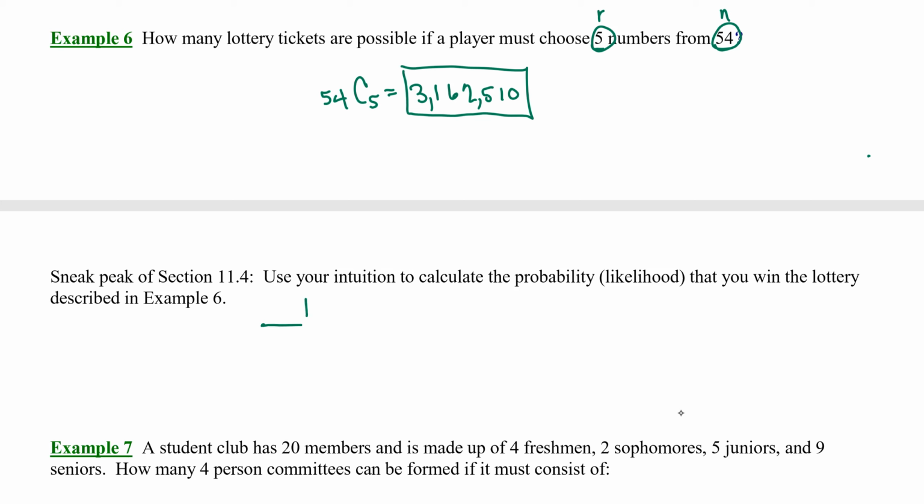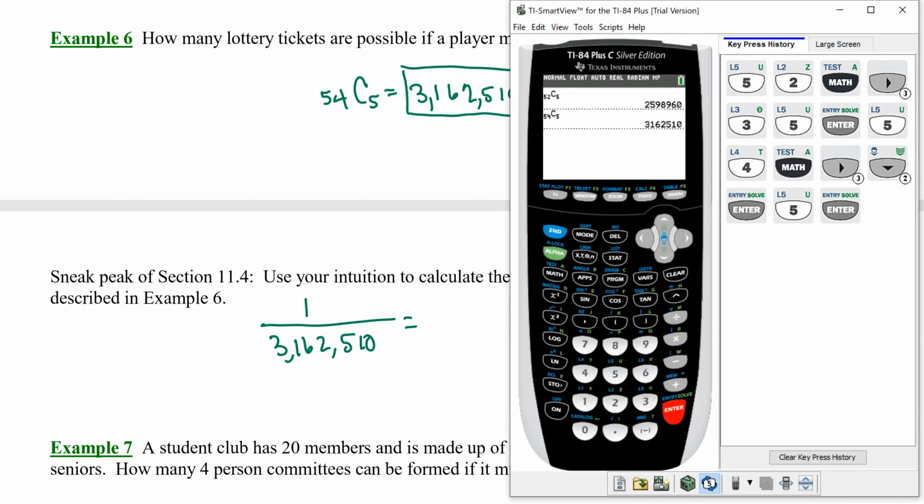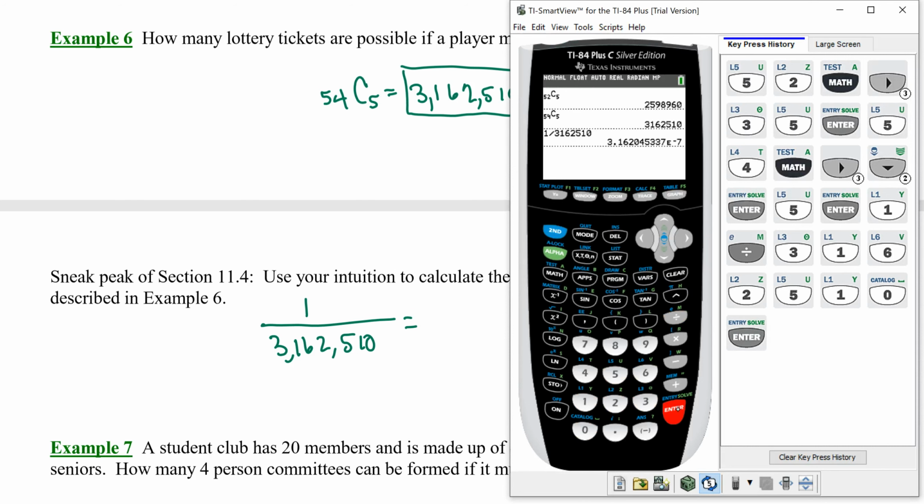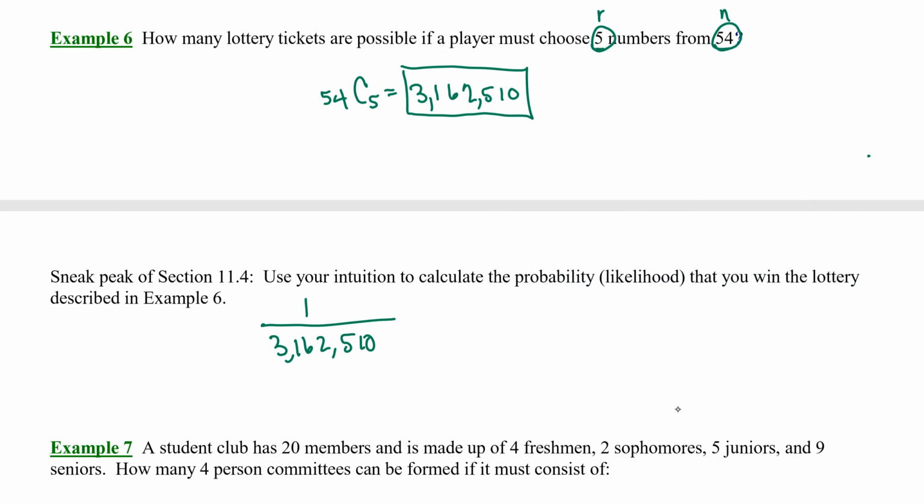So 1 out of 3,162,510 possibilities. So if we turn this into a decimal, we get a very small number. Notice the scientific notation there. I'm just going to approximate this, 3.16, I'll just round it off. 3.16 times 10 to the negative 7th.